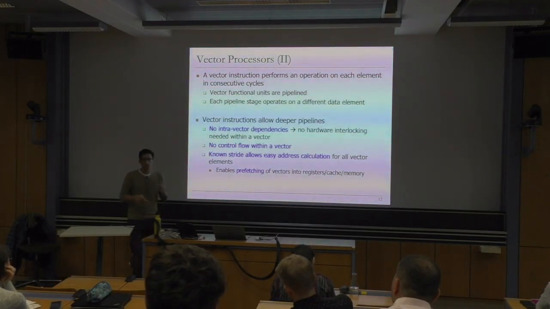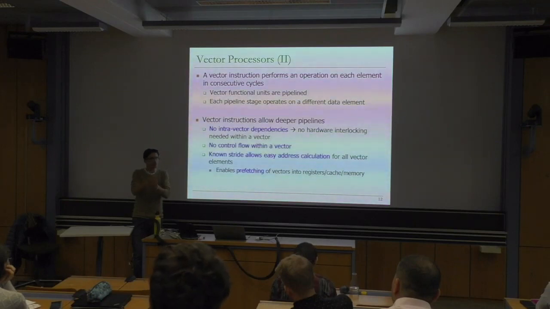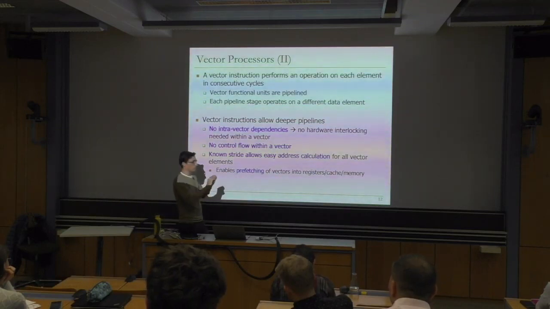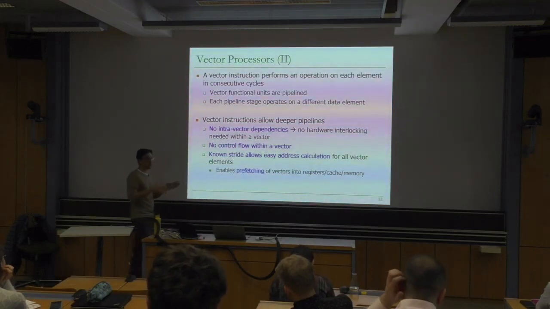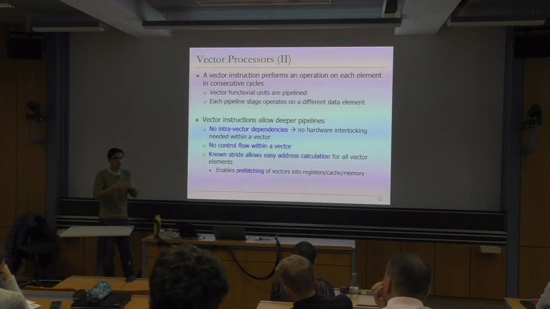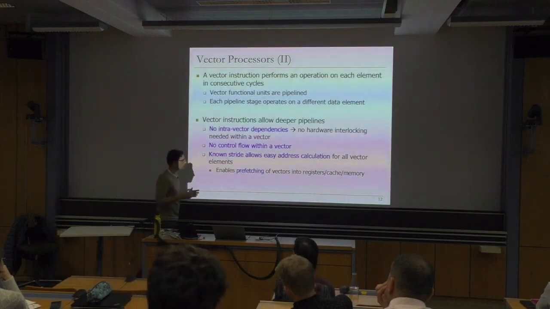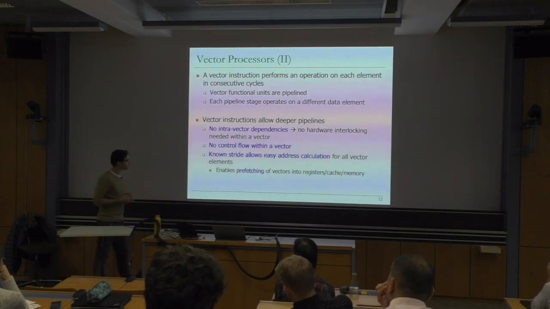Why is that? Because the execution of the operation on element A1 doesn't depend at all on the execution of element A0. We don't have control flow within a vector, so there's never a need to stall the pipeline because we have to wait until a branch is resolved, or these kinds of things that happen in conventional pipelines.